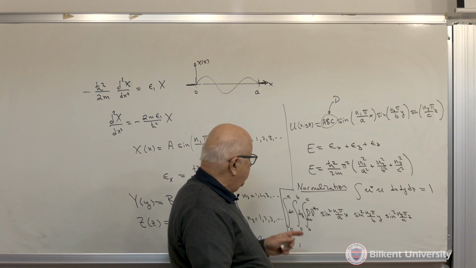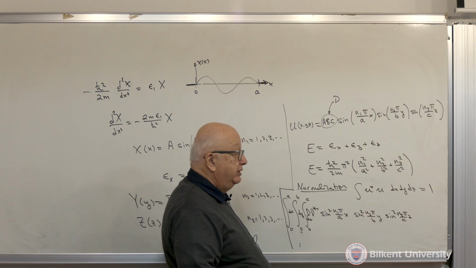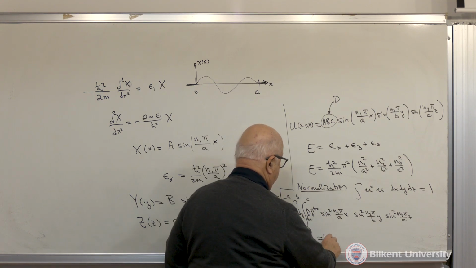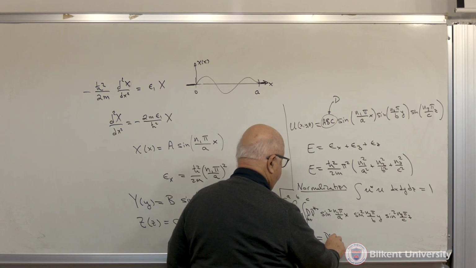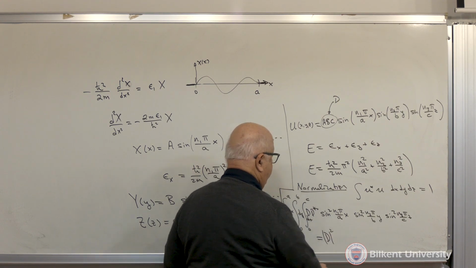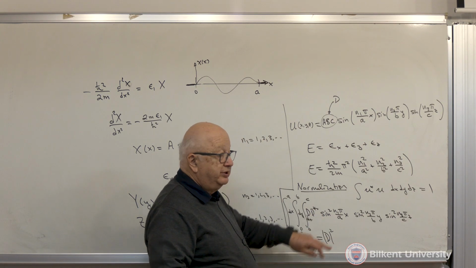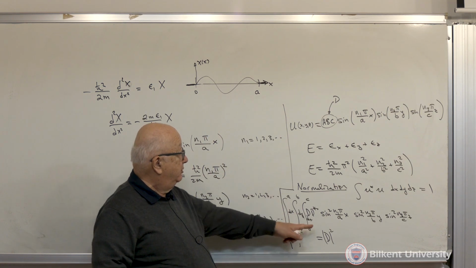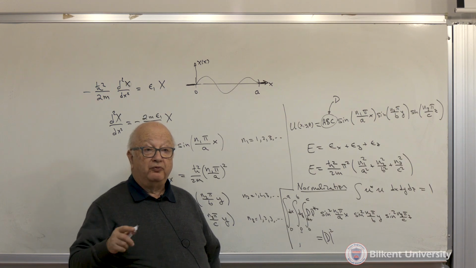But since it's just a product of terms like this, each integral can be evaluated separately, and we know how to evaluate these things. So magnitude of D squared times, what's the integral of sine squared from 0 to a, okay, over a number of periods?